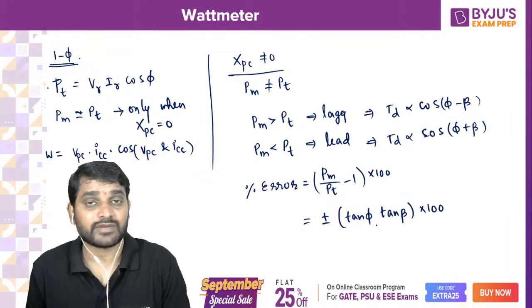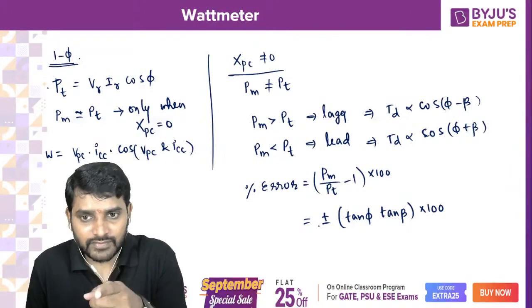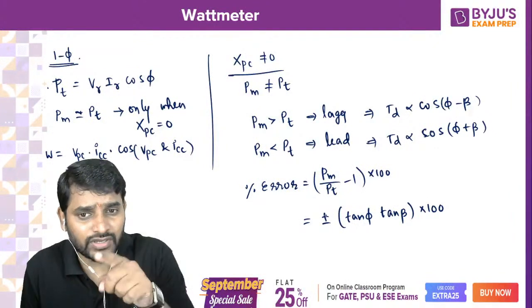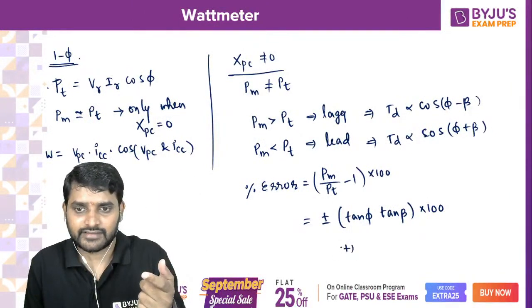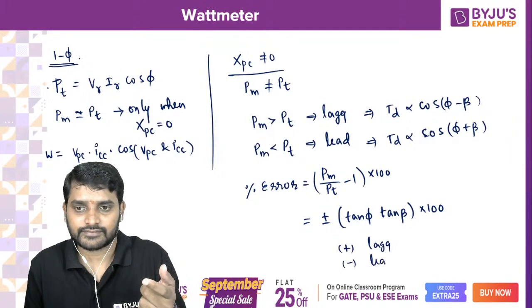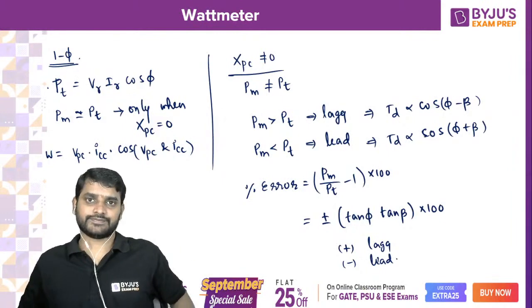So this is one more important formula you need to remember. Plus is for lagging and minus is for leading power factors, because you get a positive error when PM is greater. This one you need to remember.